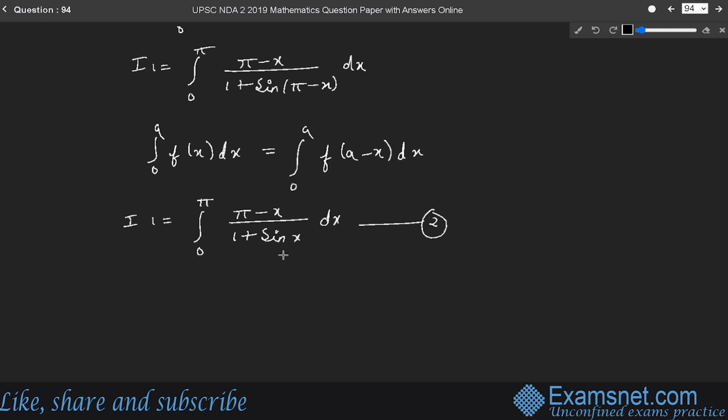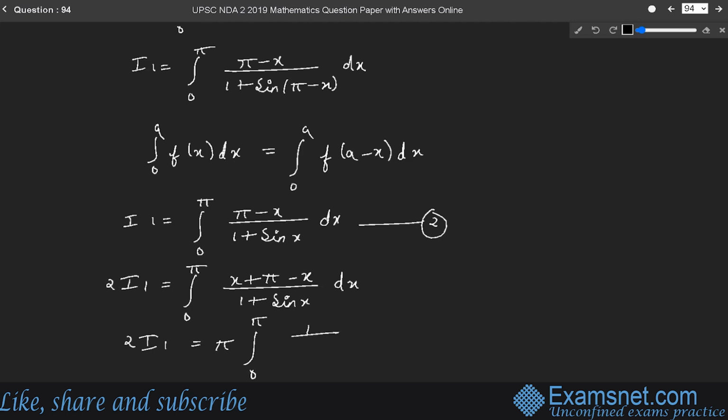Now, adding both the equations 1 and 2, we get 2I1 is equal to integral of 0 to pi x plus pi minus x divided by 1 plus sin x dx. So 2I1 will be equal to pi into integral of 0 to pi 1 upon 1 plus sin x dx.